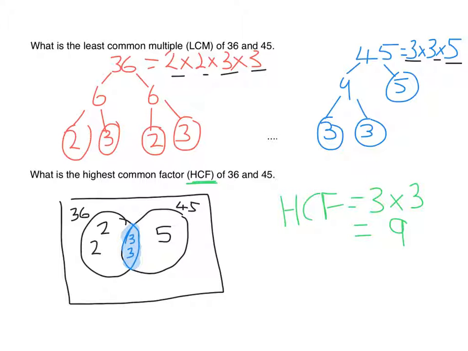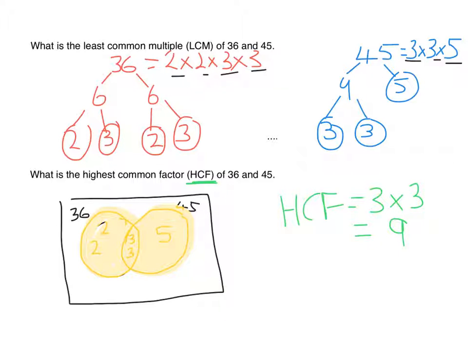The lowest common multiple is a number that's in both of their times tables. And to find that using the Venn diagram, we multiply everything in the Venn together.